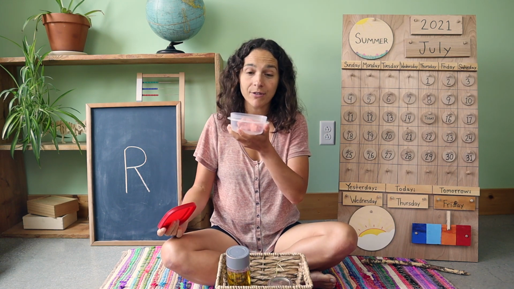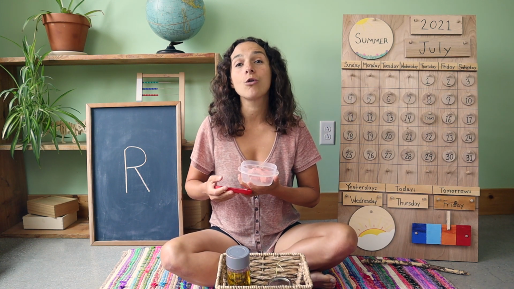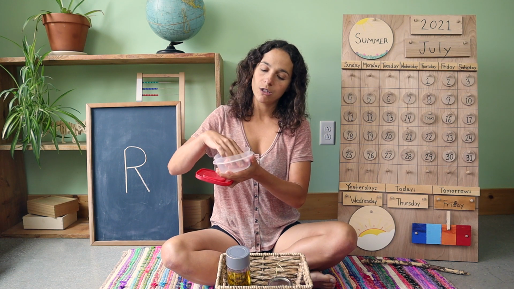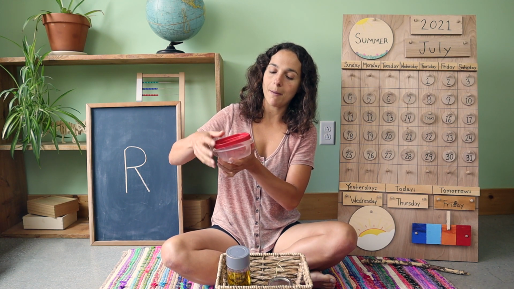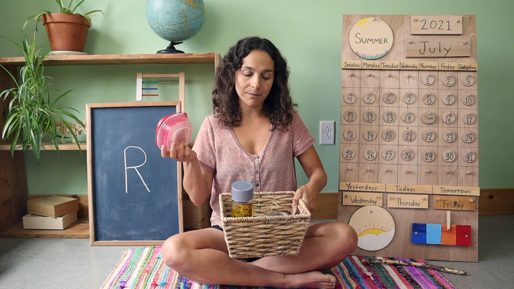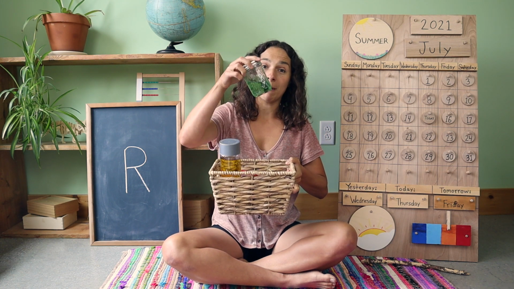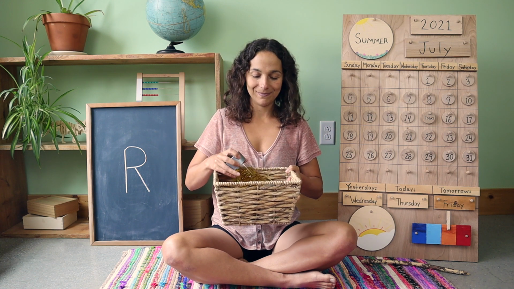Whenever I smell lavender, it helps me feel so calm and relaxed, especially right before bedtime. So I have my scented Play-Doh right here, which I'm going to pop into a little container, and I'm going to add the scented Play-Doh into my Mindful Toolkit, right with my bubbles and my sensory bottle.